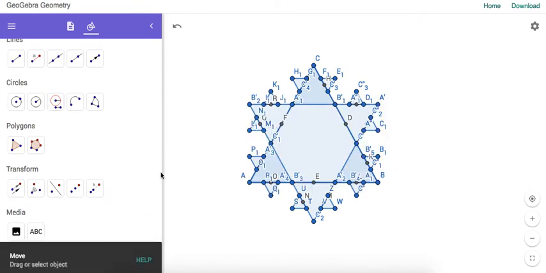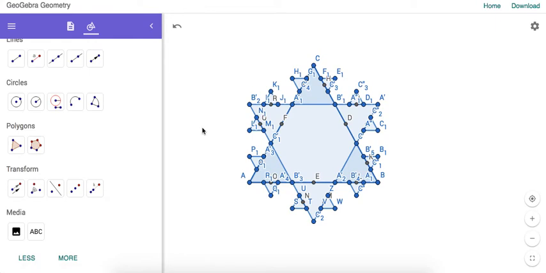And there is our pattern that we made here.